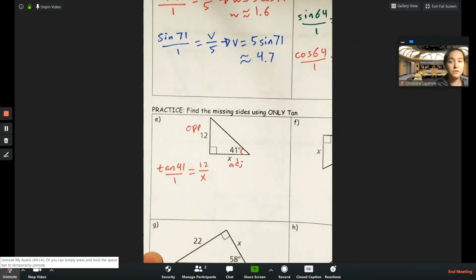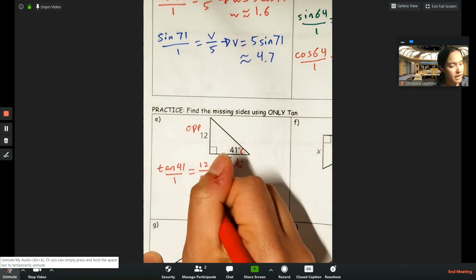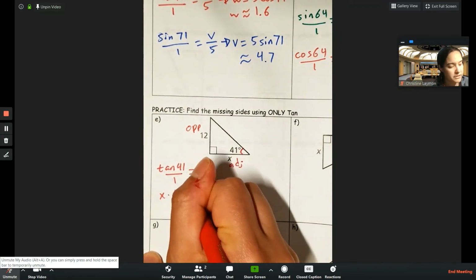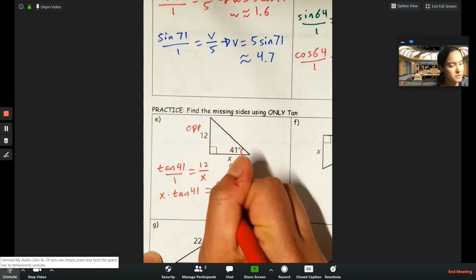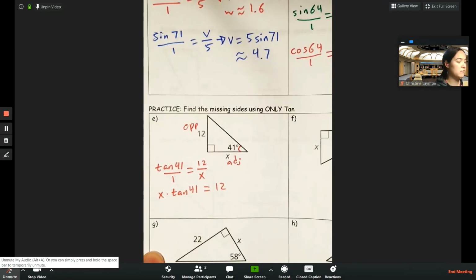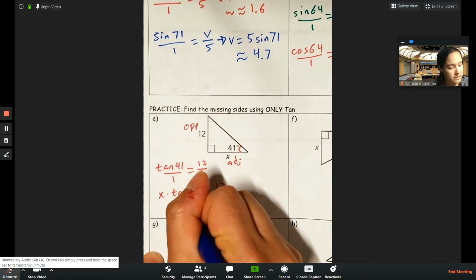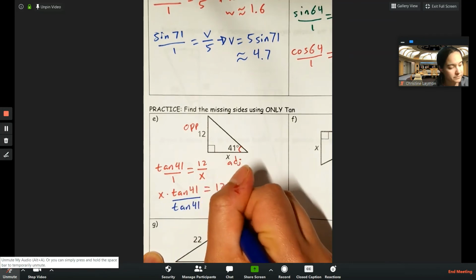Go ahead and cross multiply. So x times the tangent of 41 degrees equals 12. Go ahead now and divide both sides by the tangent of 41. Again, your job is to get x by itself.